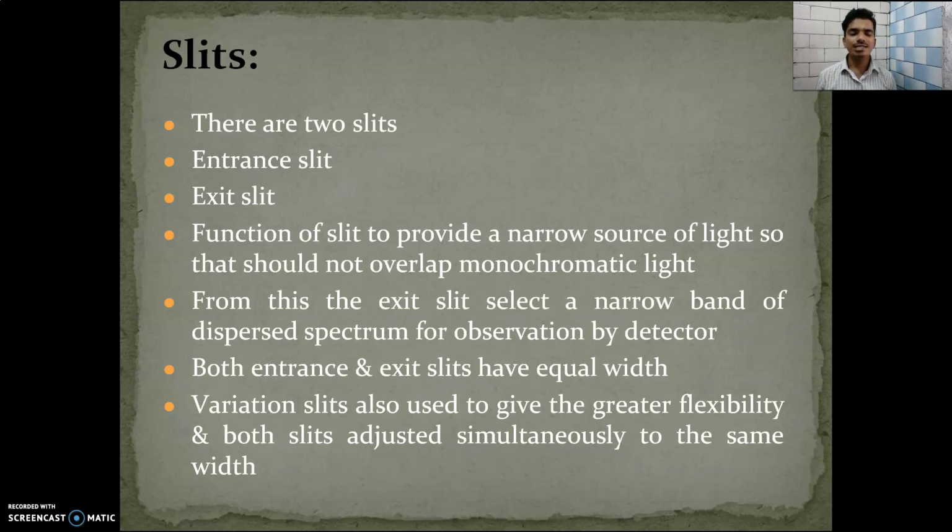Both entrance and exit slits have equal width, and variable slits are also used to give greater flexibility, and both slits adjust simultaneously to the same width. As the names indicate, the entrance slit and exit slit give a narrow line and pass the reflected, unabsorbed or diffracted light, and the dispersed spectrum is observed by the detector.